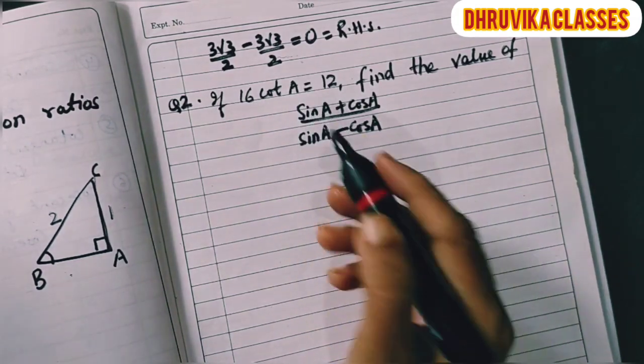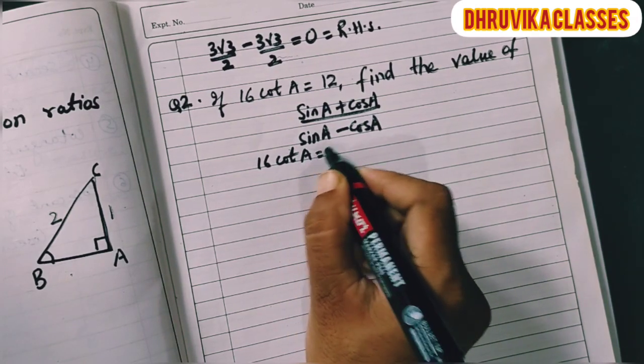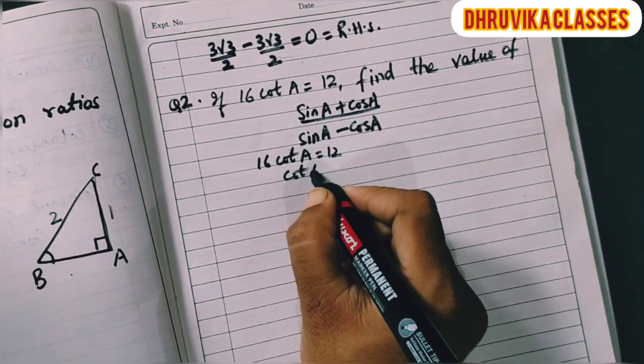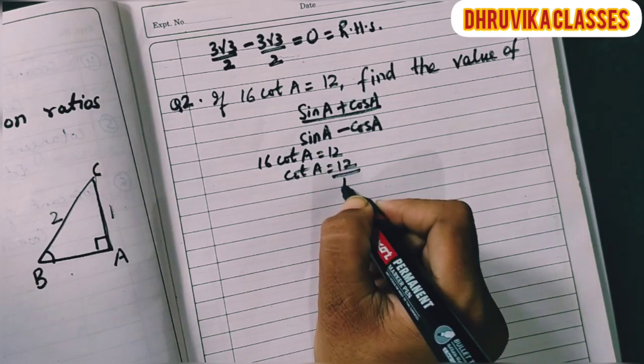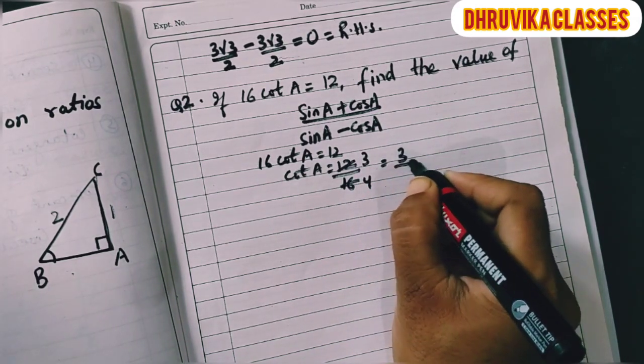So 16 cot A is 12, which means cot A is equal to 12 by 16. If you cancel out with 4, 4 3s are 12, 4 4s are 16. It is 3 by 4.